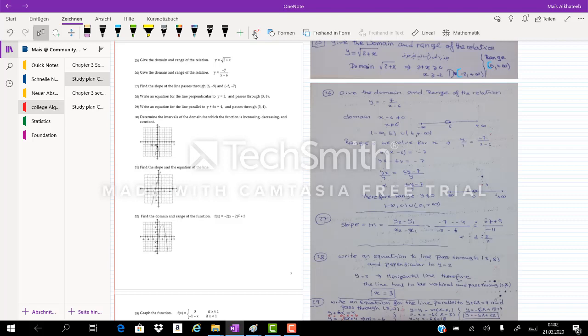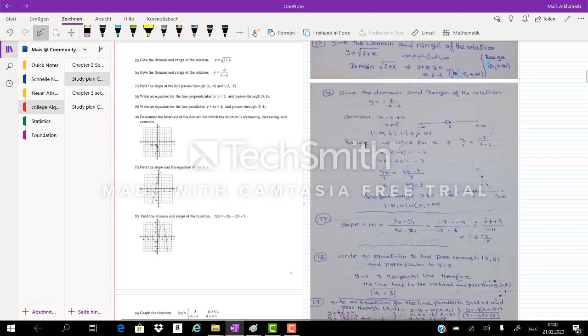That means x minus 6 has not to be 0, x not equal 6. So as we see in the lecture, it's from minus infinity to 6, open, union 6 to plus infinity.